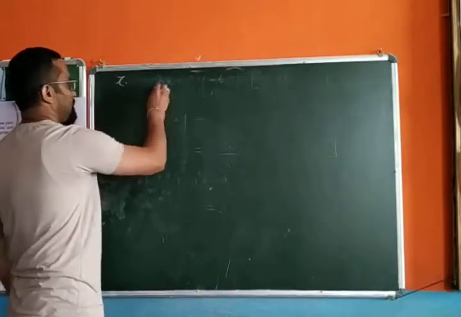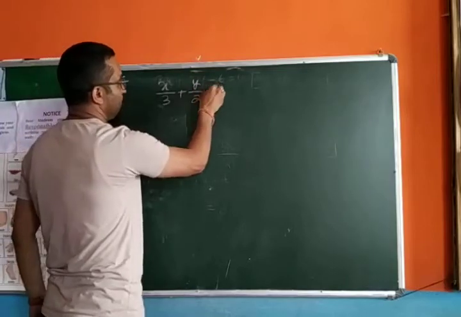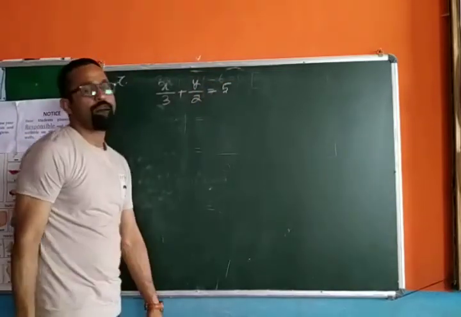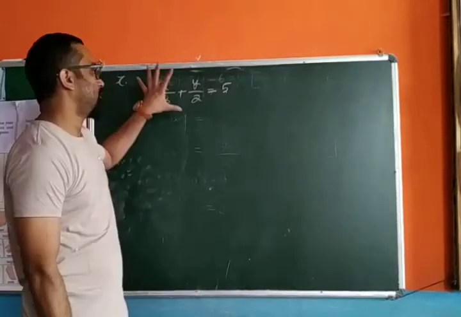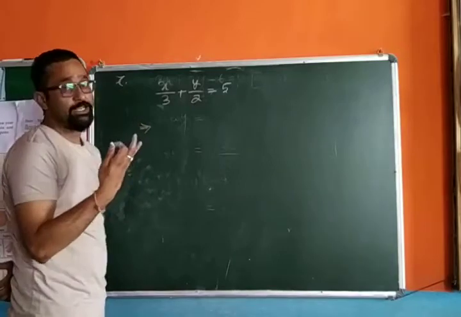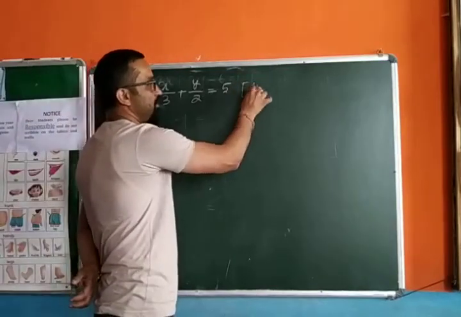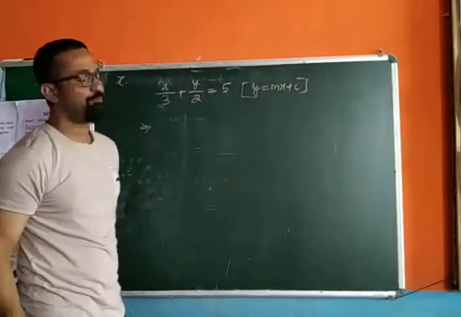Something like this: x divided by 3 plus y divided by 2 is equal to 5. Find the slope and y-intercept of the given equation. You cannot directly solve it because it has to be in the standard form. Bring it to the standard form.